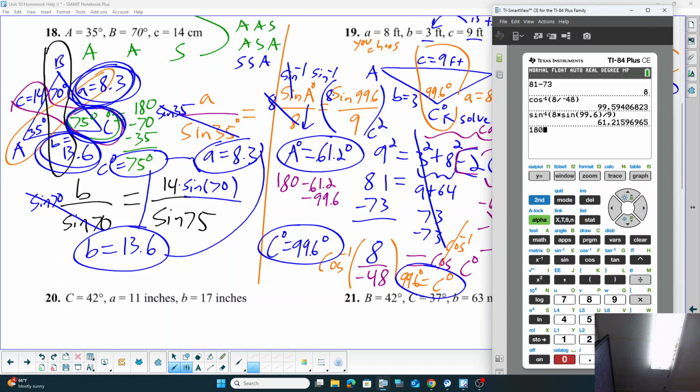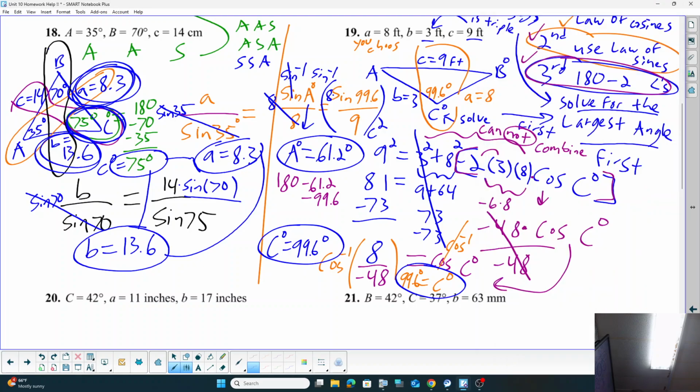So that will give us our last angle, 19.2. So angle B is equal to 19.2 degrees. And that is our third angle. We found it. Nice. So again, C was 99.6, A was 61.2 degrees.